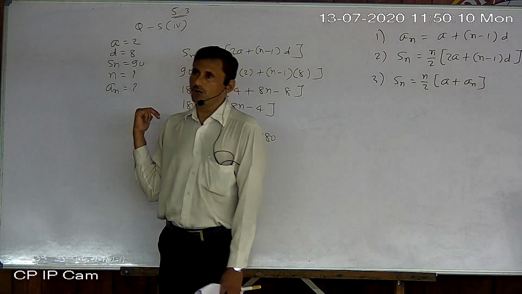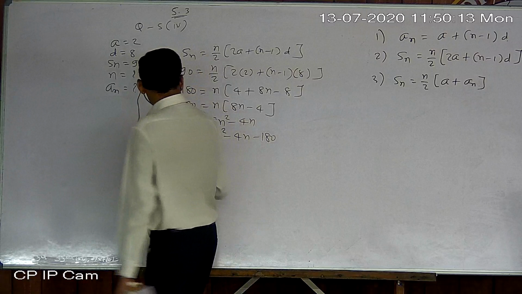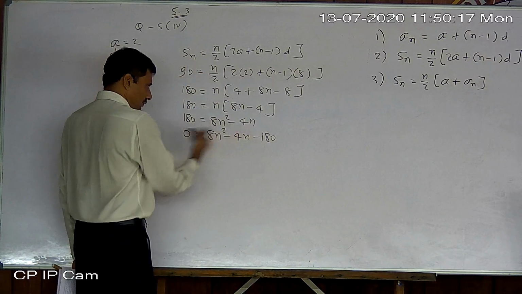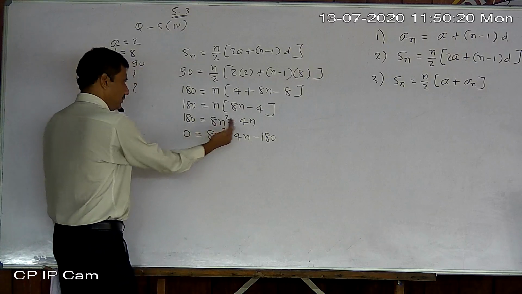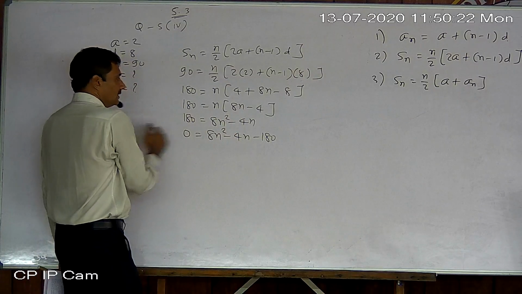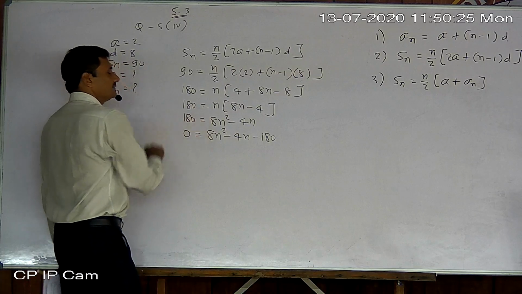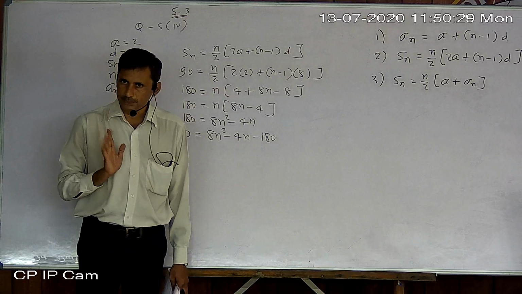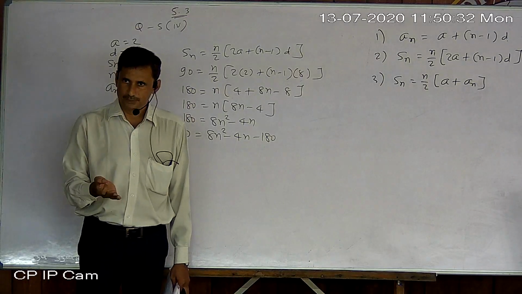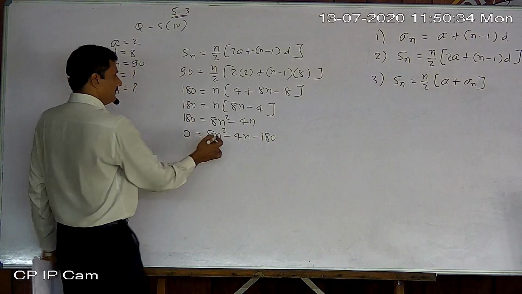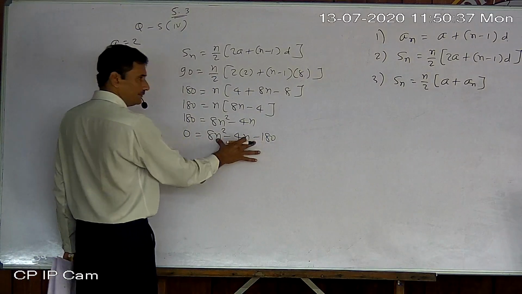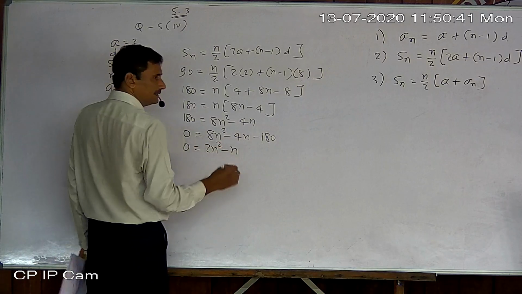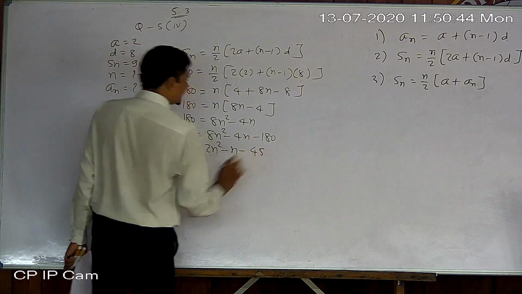Write the quadratic equation in standard form so that the first term will be positive. We insist the first term should be positive in standard form, and in reduced form, meaning if it is divisible, then divide it. So now it is divisible by 4. So I divide by 4: 2n square minus n minus 45.